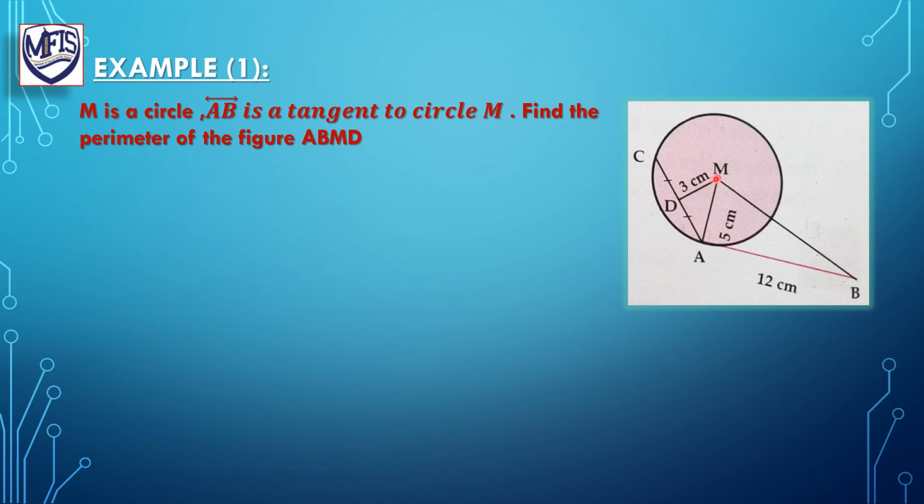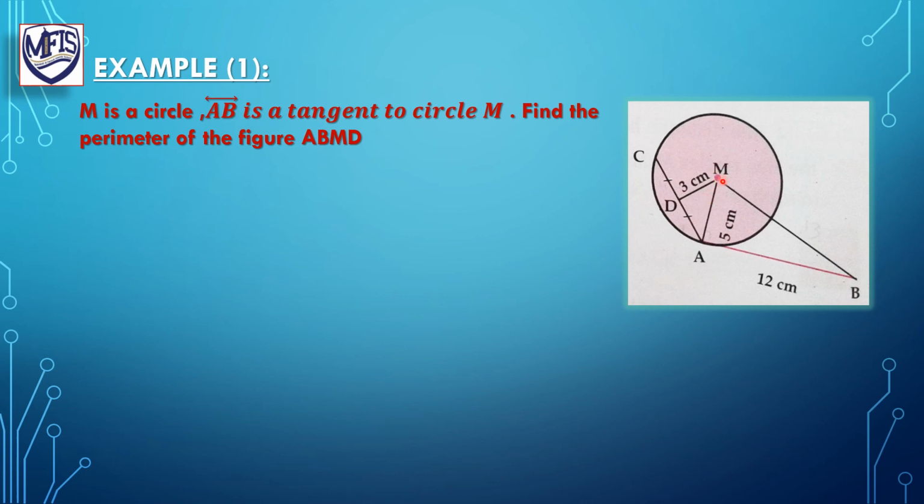Now, look at triangle MAD. D is a midpoint of the chord AC. Therefore, MD is perpendicular to AC. Therefore, measure angle D is 90 degrees. So I can find the length of AD by using the Pythagorean theorem. I have the hypotenuse and I have the length of MD. So AD will be equal to 4 centimeters.